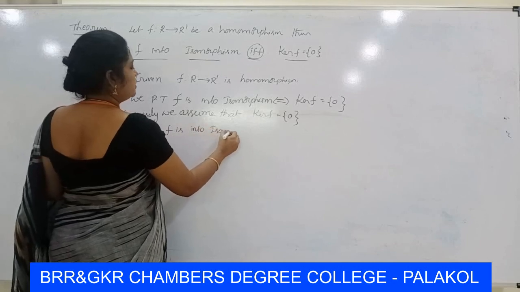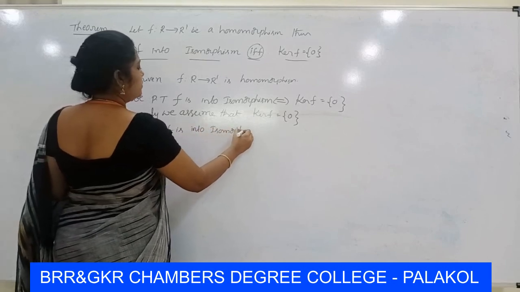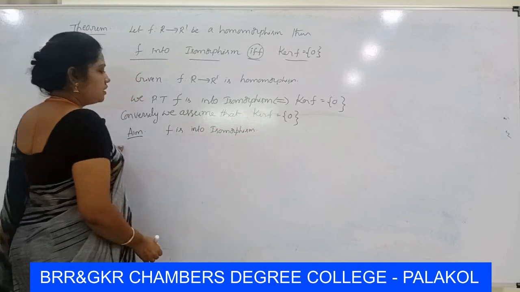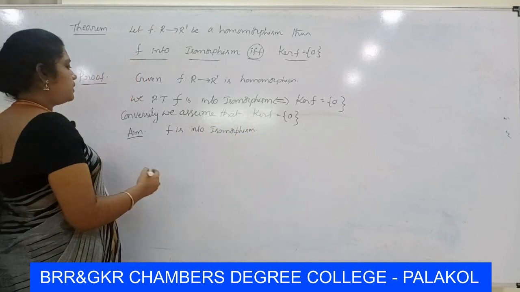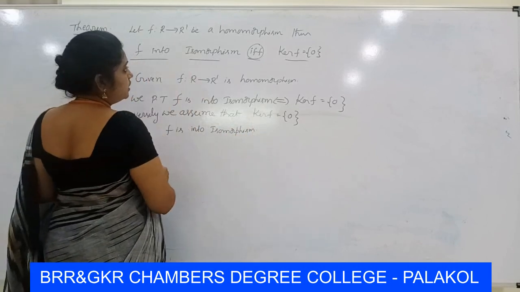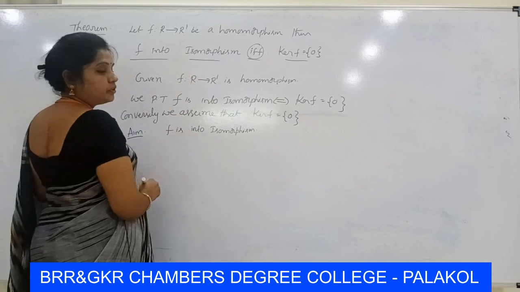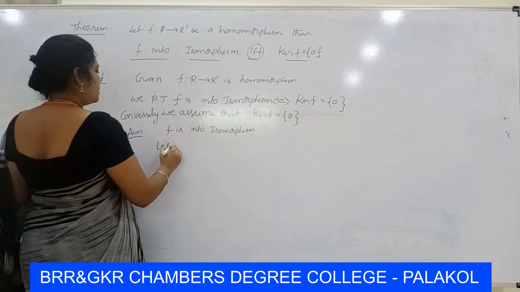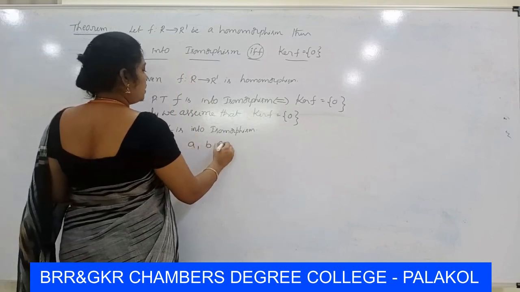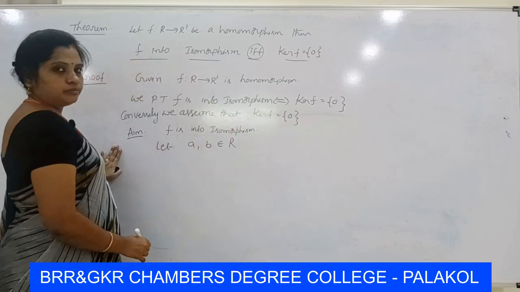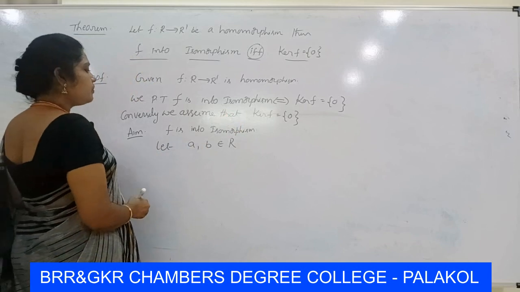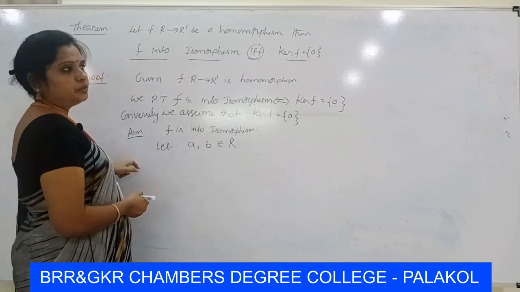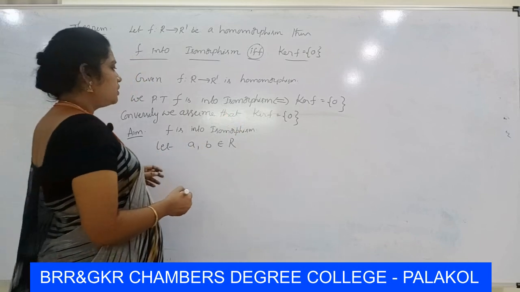That means one-one and a homomorphism. But here f is already a homomorphism. That is enough to show that f is one-one. So let a, b belong to R. Then we have to prove one-one.